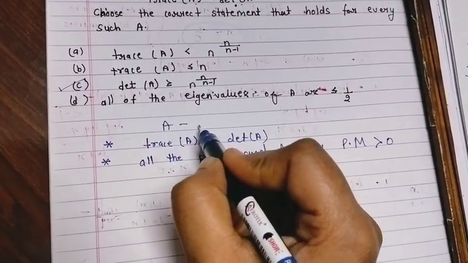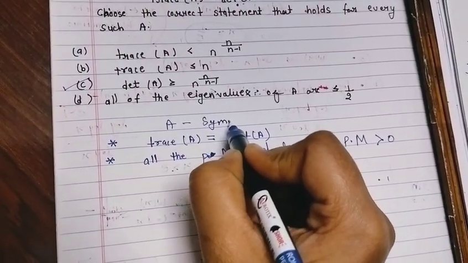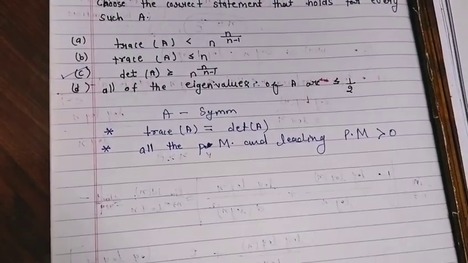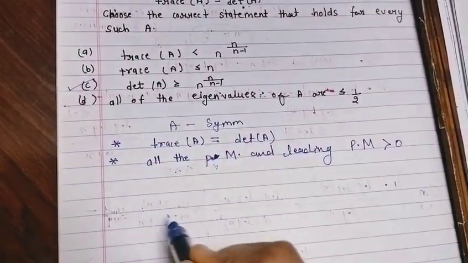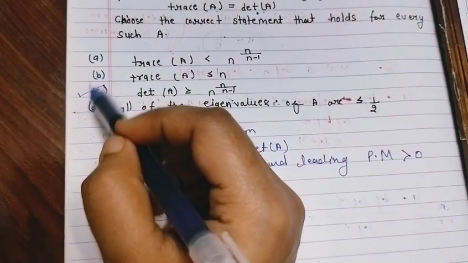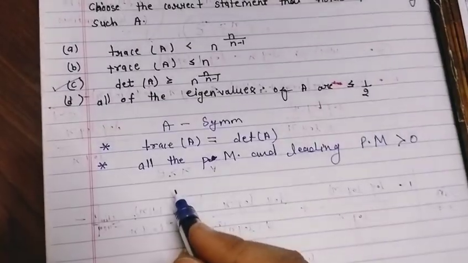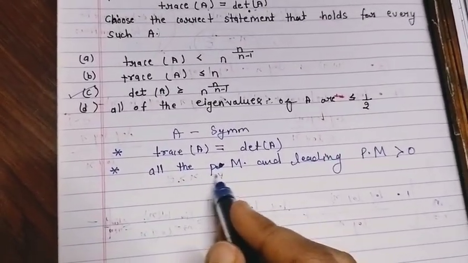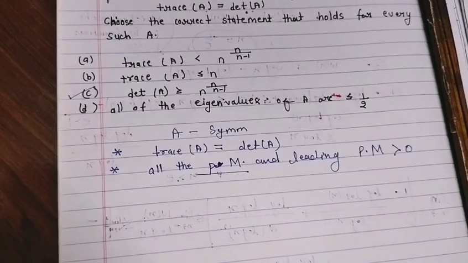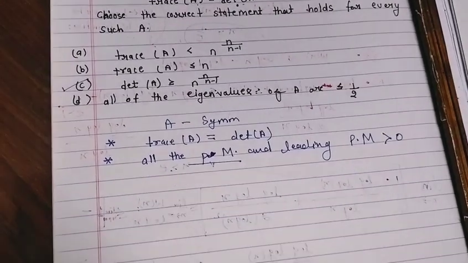Okay, A is symmetric. So I am going to take an example which satisfies all these three conditions. By that example I will check whether these options are correct or incorrect. So first of all, what is principal minor and leading principal minor? I will explain it now.